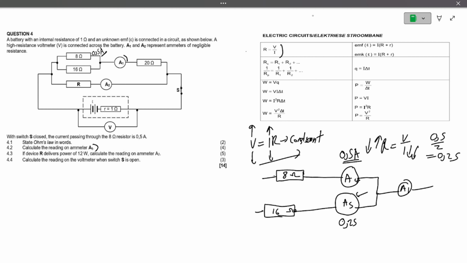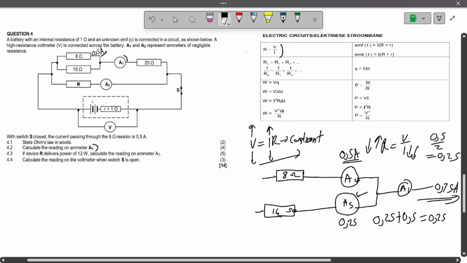Another one goes here, another one goes here. It means that if we add these two, we'll find the reading here. It will be 0.25 plus 0.5, and then we get 0.75. So now let's use the equation to see if we'll get the same answer.